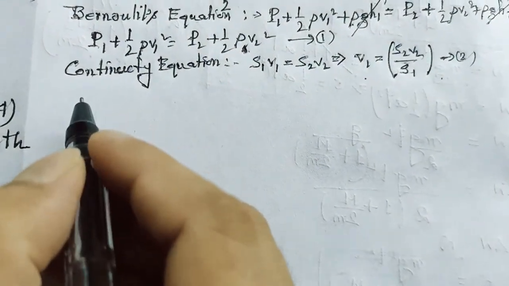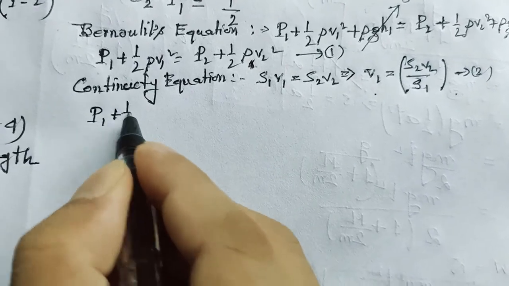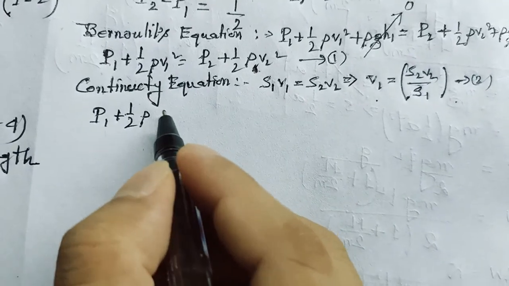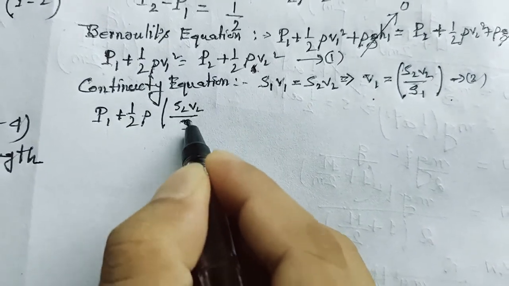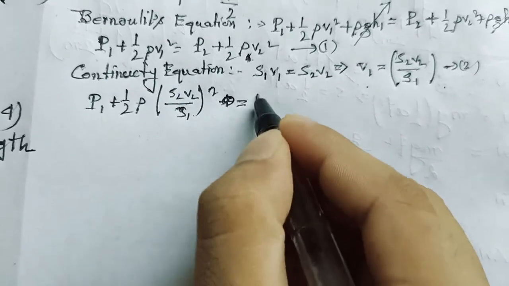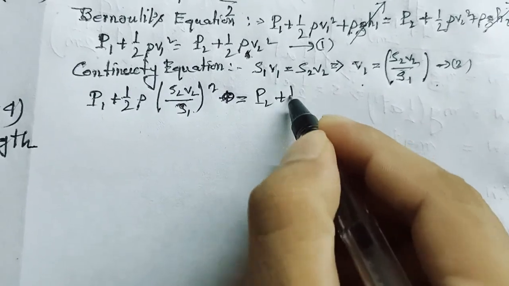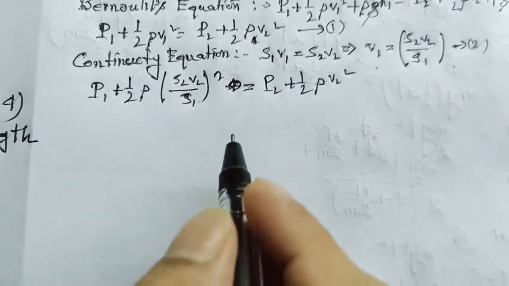So after substituting, our result will become P1 plus half rho into (S2 V2 divided by S1) square equal to P2 plus half rho V2 square.